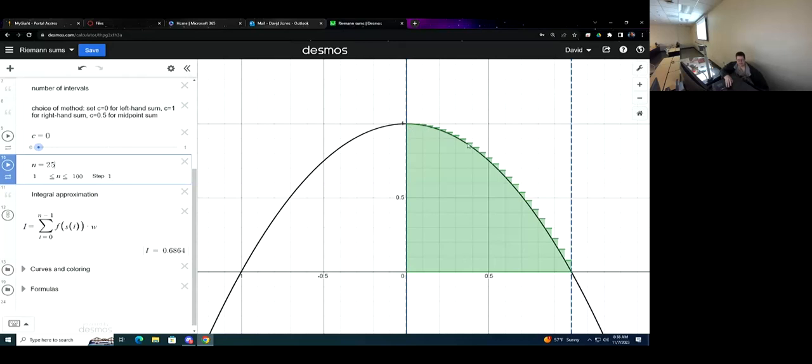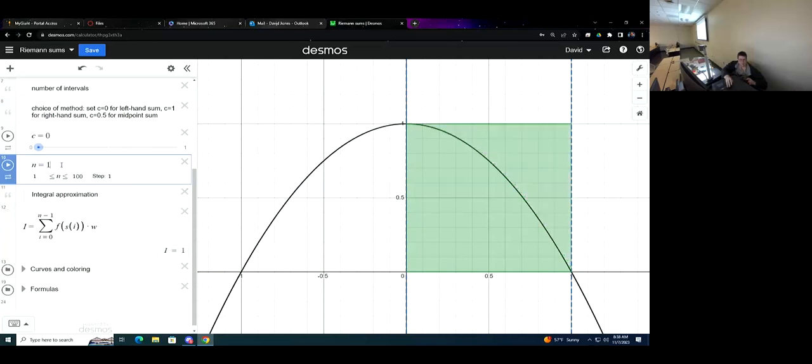It's a little tiny area. We still have errors along it, but 25 as opposed to 4, the error is a lot less. You guys see that? That's a lot of error right there. But when we go to 25, it's a lot less. We go up to 50, it's even less.